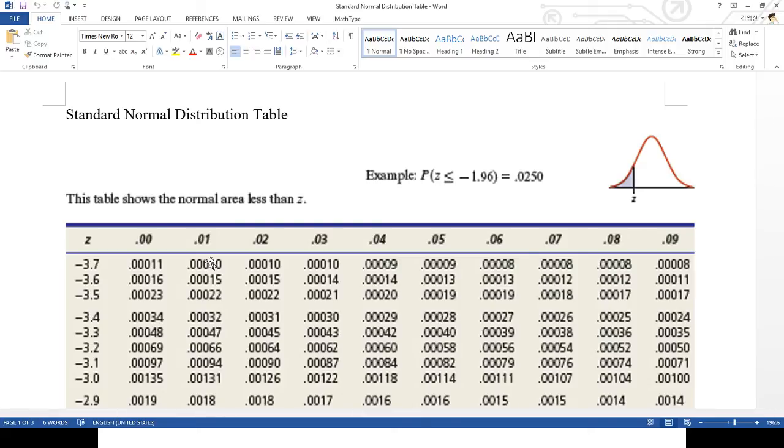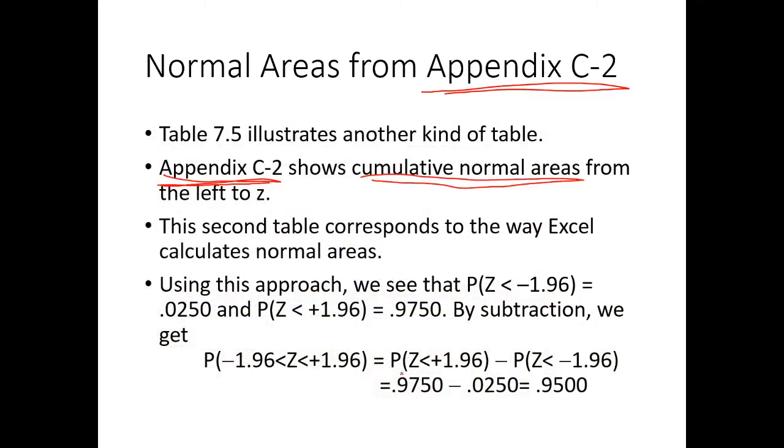In this page, you can find this table. This appendix C2 table calculates the probability that z is less than x.